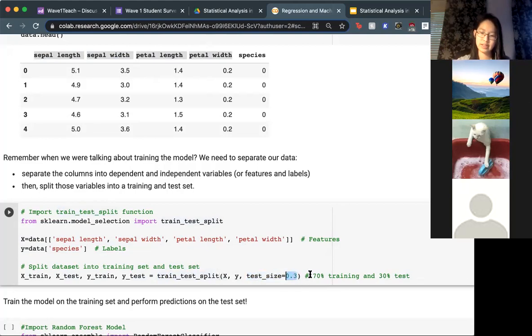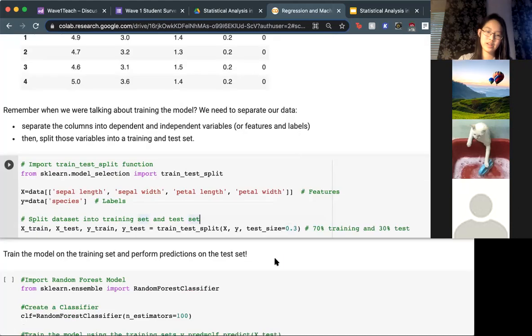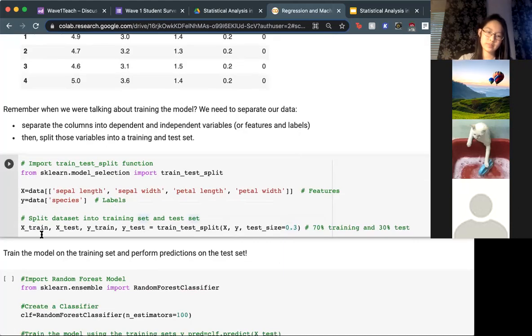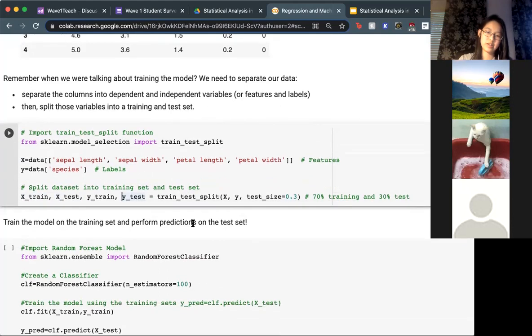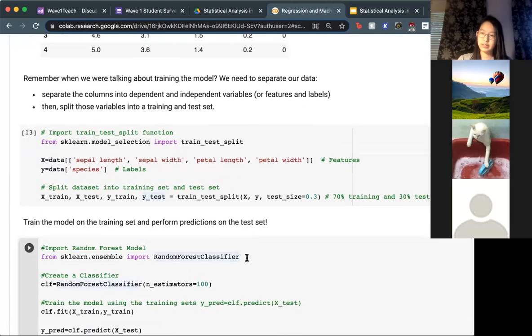From this specific standpoint, 70% of the original data set is being used for training the model, and 30% is being used to test whether that trained model is accurate. You can run this real fast, and it'll split these up into their respective variables. And then you can start training.